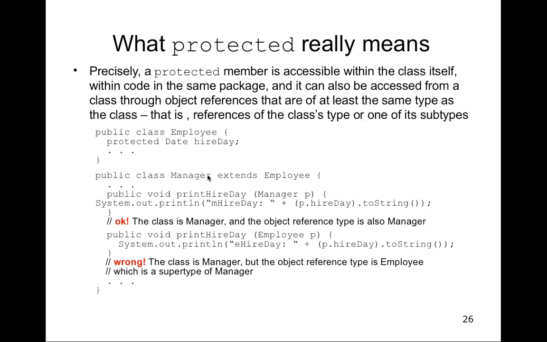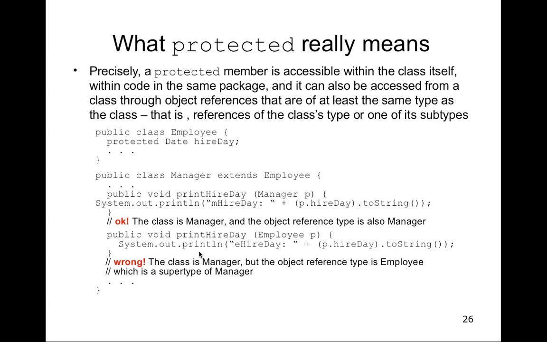And here's your little example. Here we have public class Employee with protected Date, a date object that we're using in here, hireDate. And we have Manager, which extends Employee. In here, this is okay because the class is Manager, and it extends Employee. To print the hire date, we're going to take an Employee and send it in, and print out p.hireDate because Manager extends Employee.